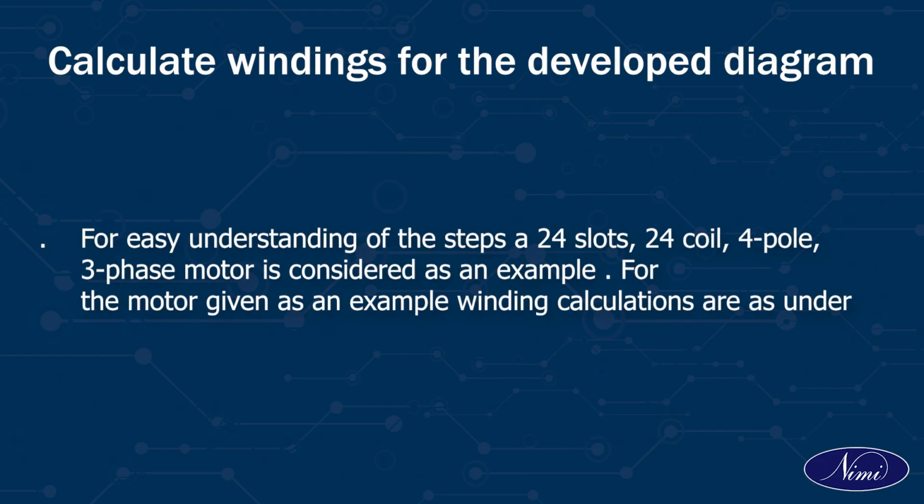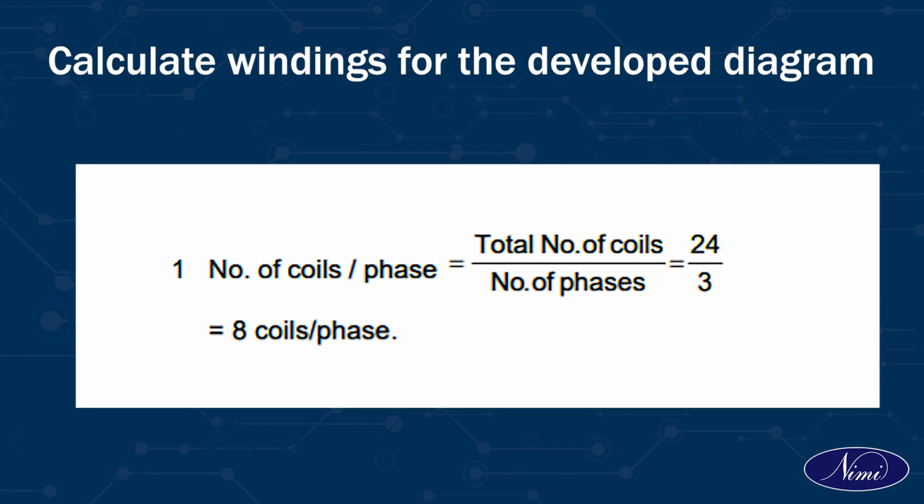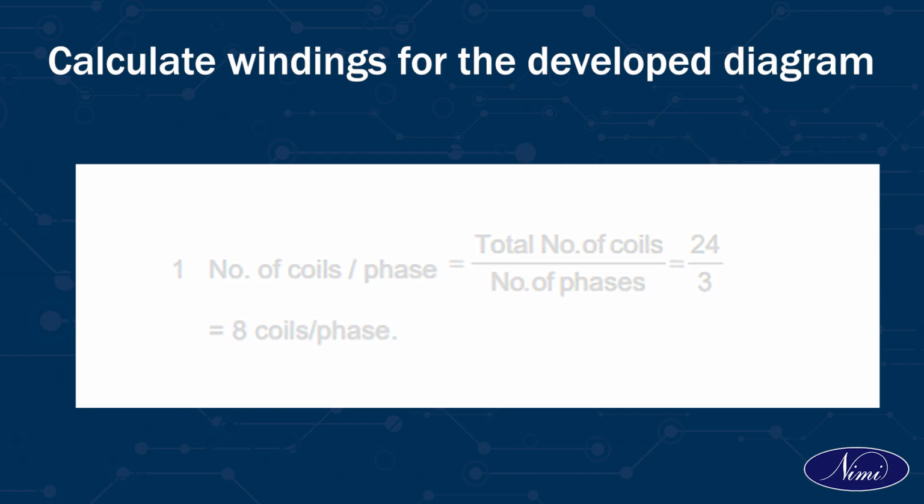For easy understanding of the steps, a 24 slots, 24 coil, 4 pole, 3-phase motor is considered as an example. For the motor given as an example, winding calculations are as under: 1. Number of coils per phase equals total number of coils divided by number of phases, equals 24 by 3, equals 8 coils per phase. 2.